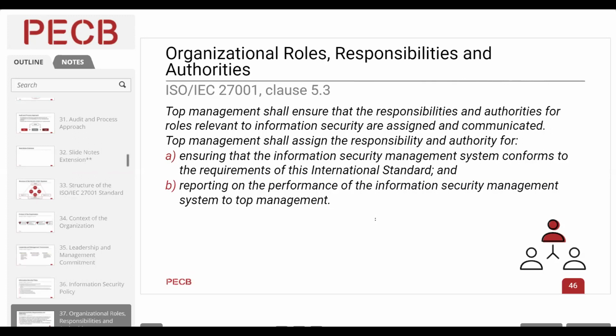So the head of information security will be responsible that all the things that we are going to talk about, they are responsible to deliver on it. As head, he or she is accountable for that, and reports to top management as to the performance of the ISMS, the information security management system. So when we appoint a head of department, they are responsible for the functions within that department.